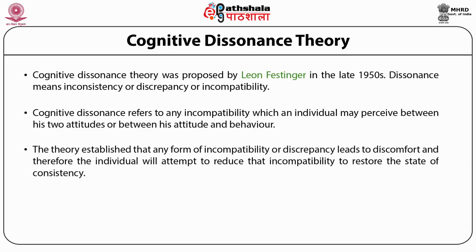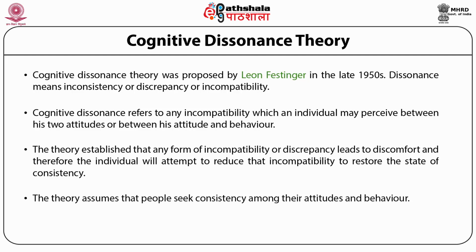The theory established that any form of incompatibility or discrepancy leads to discomfort, and therefore the individual will attempt to reduce that incompatibility in order to restore the state of consistency.